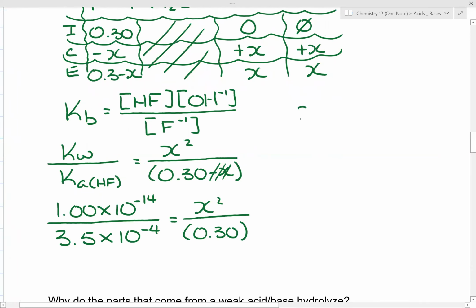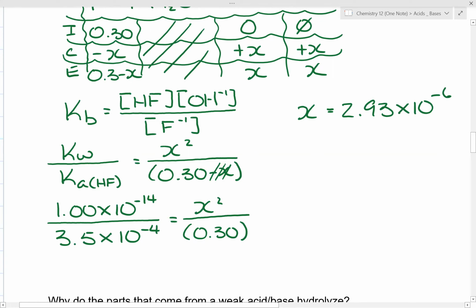Solving for x, we have 1 e negative 14 times 0.030 divided by 3.5 e negative 4. And then we square root the answer. I get an answer of x is 2.93 times 10 to the negative 6.